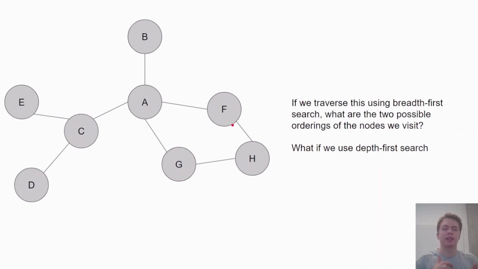Because whichever one we add first, we'll end up exploring its children first. And those children will end up in our ordering before the children of the other node. So that's how we can end up with a different ordering of nodes in BFS if we chose F instead of C in this example. And then the second ordering would be the result of choosing C before F to process in BFS.